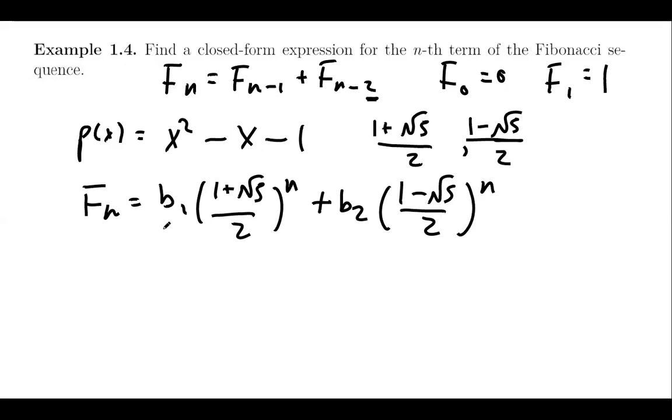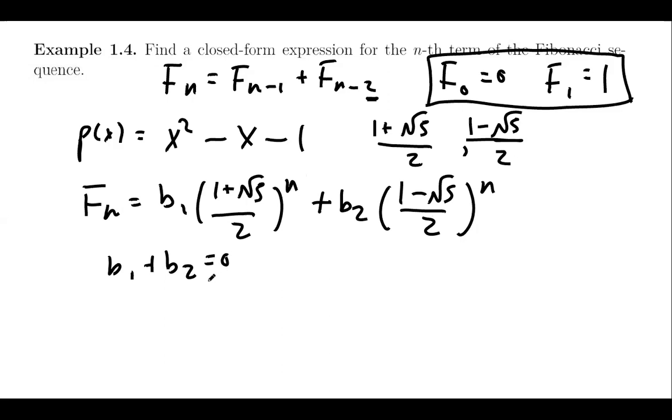So now what's left is we just have to find out what b1 and b2 are. To do that, remember that we know that the 0th term is 0 and the first term is 1. So that means we can plug in n equals 0 and n equals 1 to get a system of equations. So if we plug in 0, both of these go to 1. So that means b1 plus b2 equals 0.